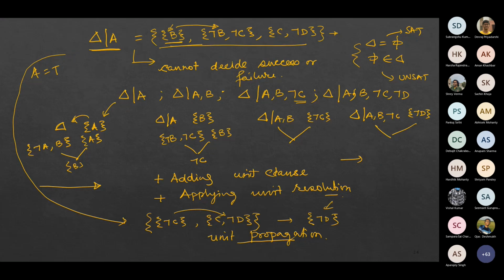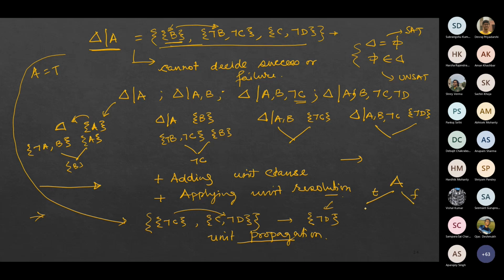That forcefully directs us towards a solution. Maybe we can go to the solution or maybe not, but when we are taking a decision, say A, I have a decision point T and F.